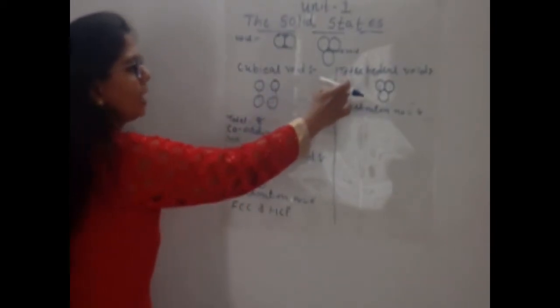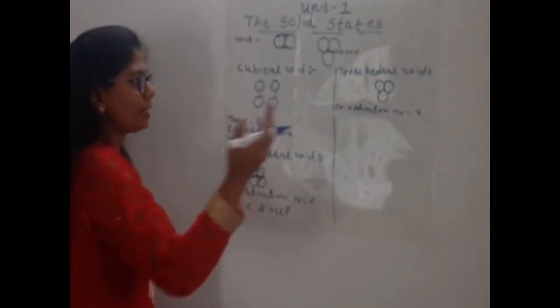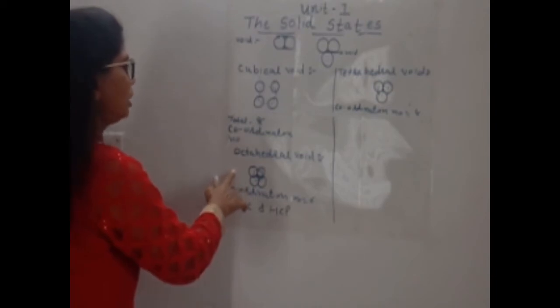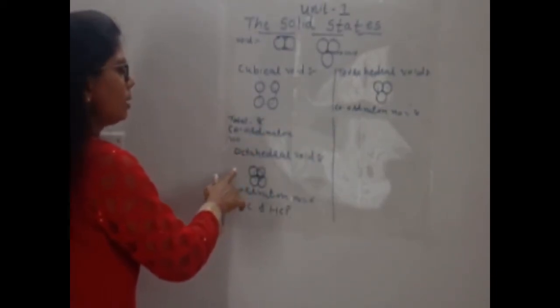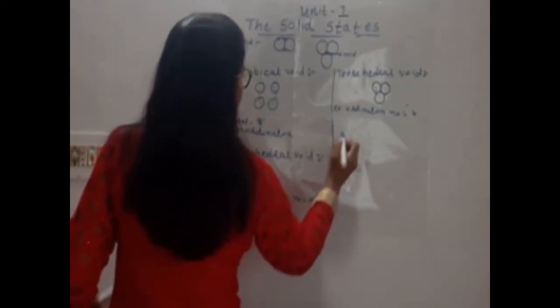The void which I have drawn over here is actually the octahedral void. As I said, the octahedral void can develop in 2 different ways. That I forgot to show you here. So now we'll come back again to the octahedral void, which is the another way to develop the octahedral void. That octahedral void I am showing you just now here.